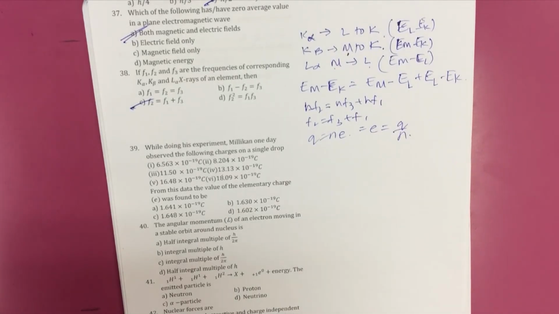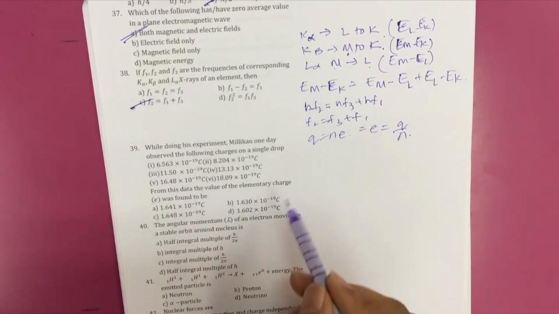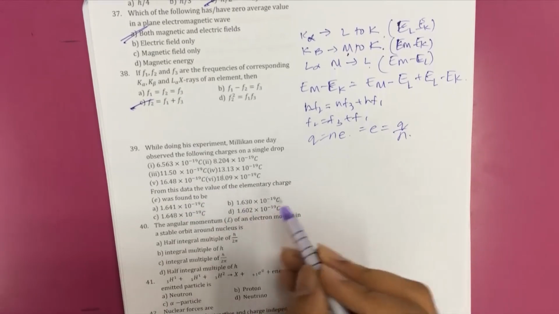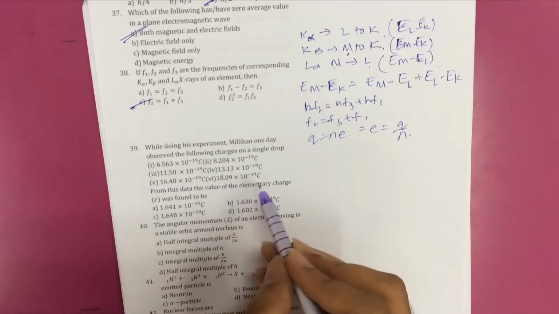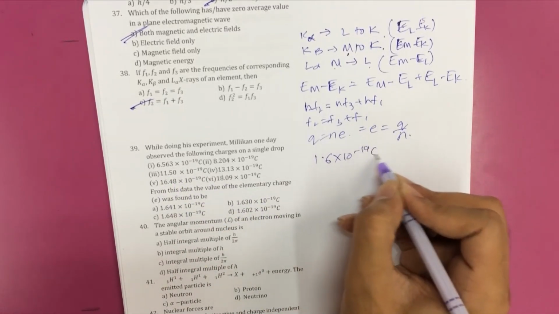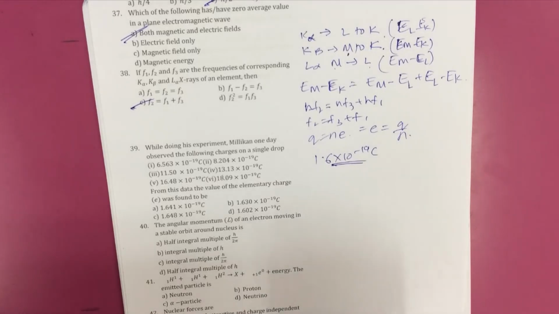Now, any charge in the universe is given by Q equals n e. So e is nothing but Q by n. So here, when you see Q1, Q2, Q3, Q4, Q5 and Q6, there will be a common term among all of these, that is basically a common multiple.